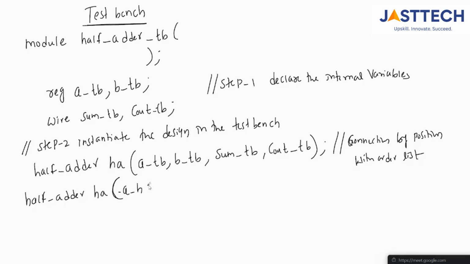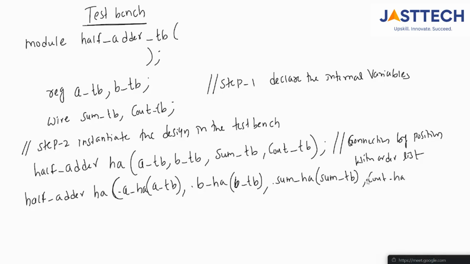Dot A underscore HA, and in the bracket A underscore TB. Comma dot B underscore HA, B underscore TB in the bracket. Like this you will get dot sum underscore HA and sum underscore TB, comma dot cout underscore HA and cout underscore TB.